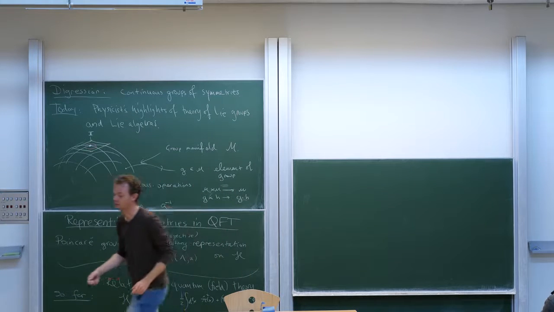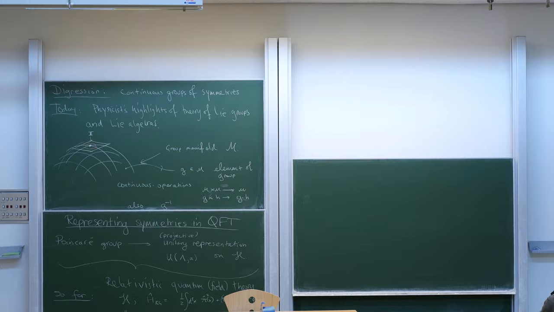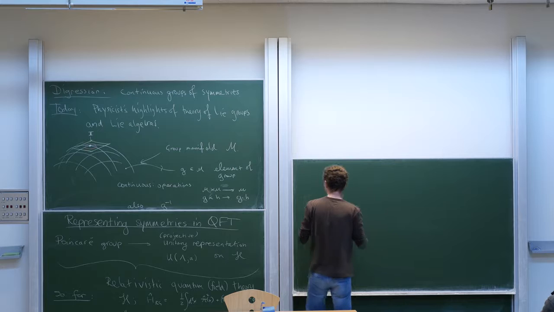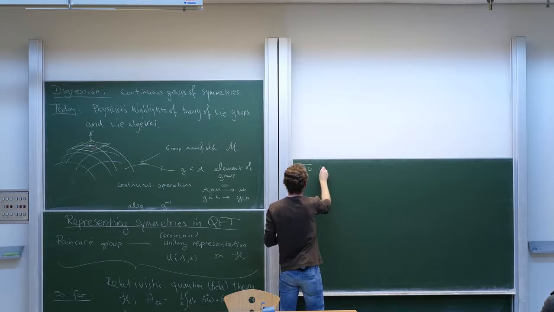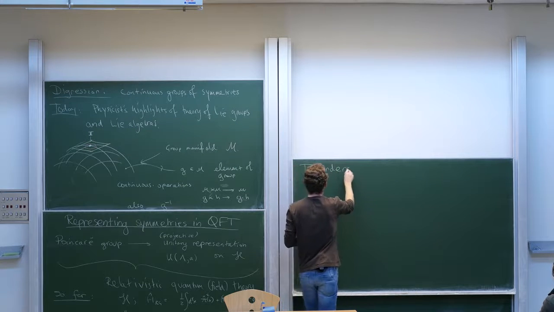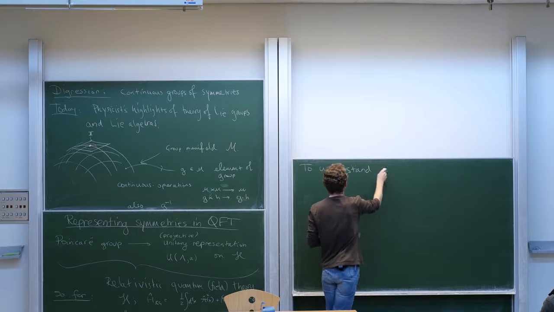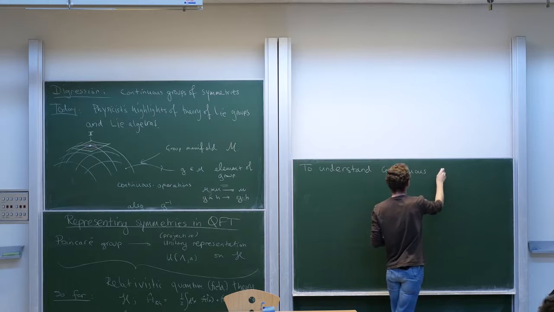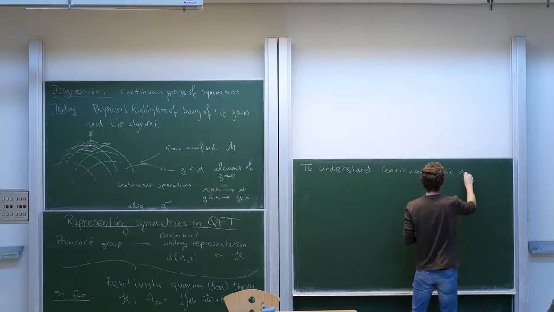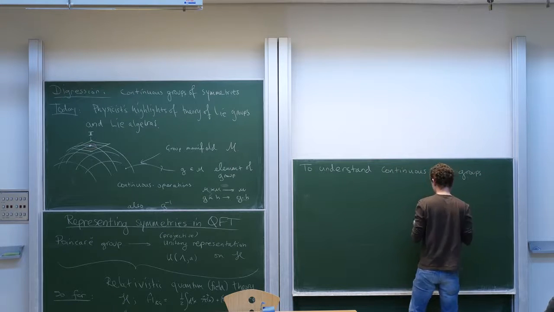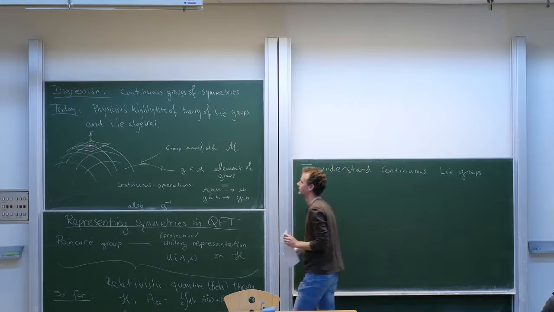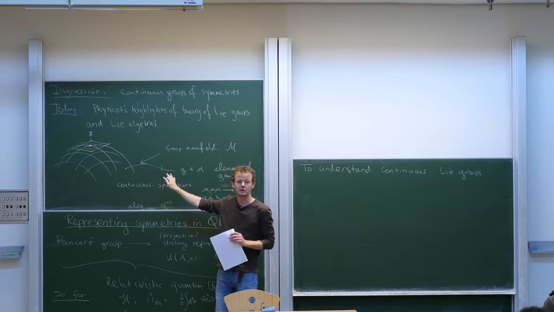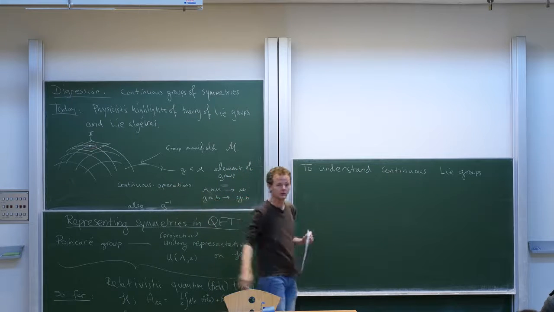So I'll write this down a little bit more precisely. And why we are talking about this at all is that the Poincare group is an example of one of these continuous Lie groups.